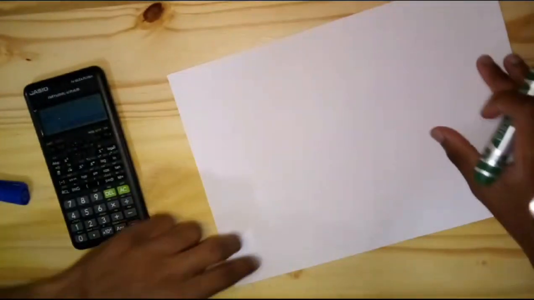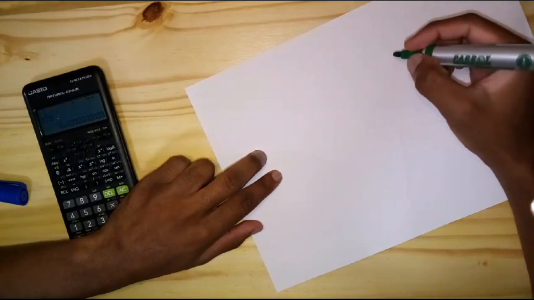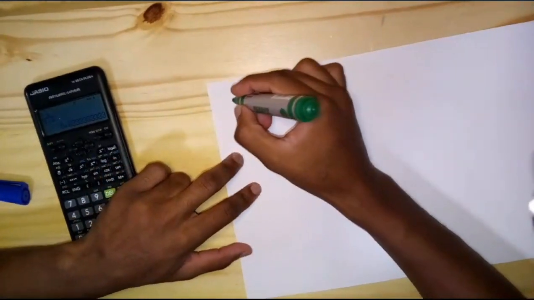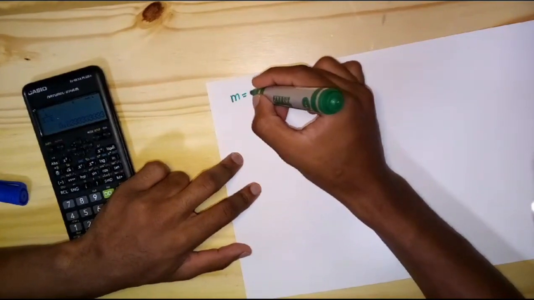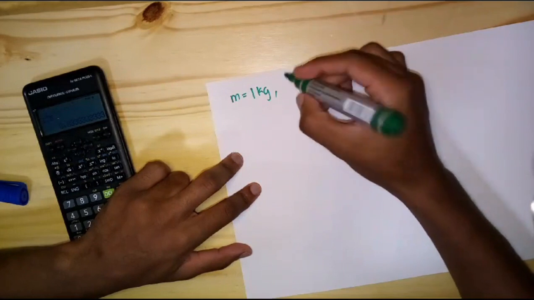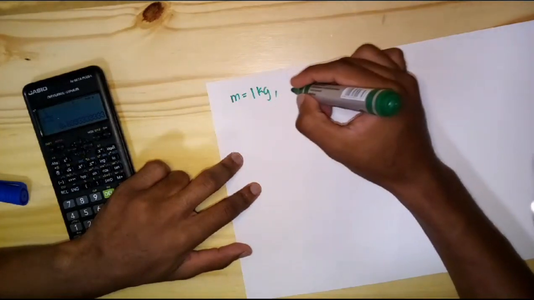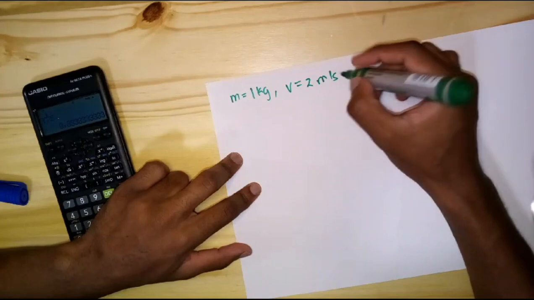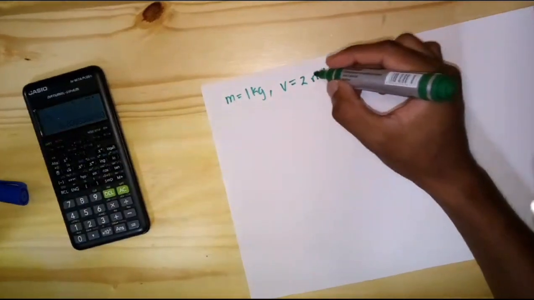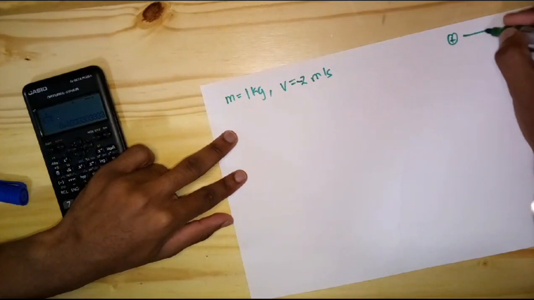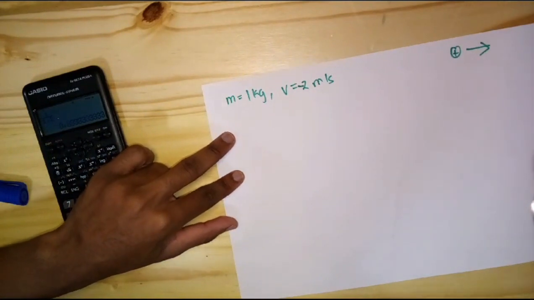So let's say you have the same question, right? You have a mass of 1 kg, and after the release of the spring, the mass of 1 kg moves away at a velocity of, let's say, 2 meters per second, and to the left, so minus. That means we're still considering a direction to the right as positive.